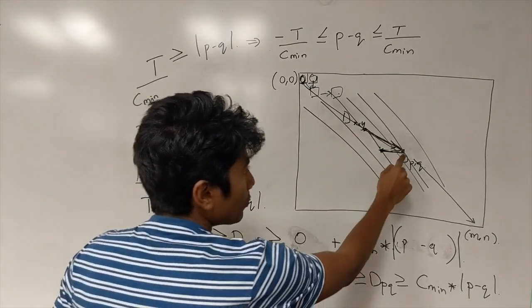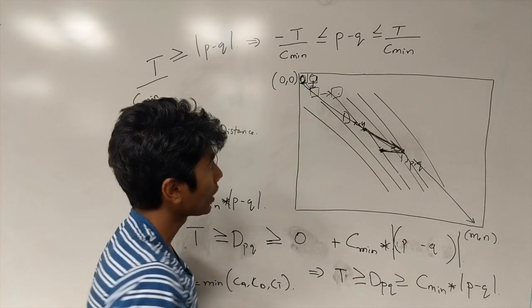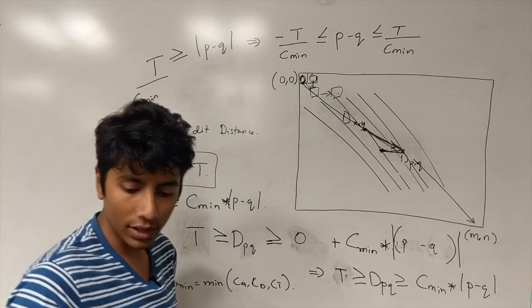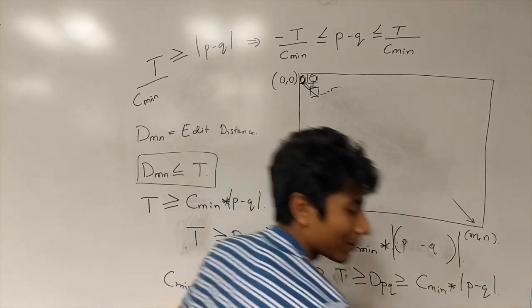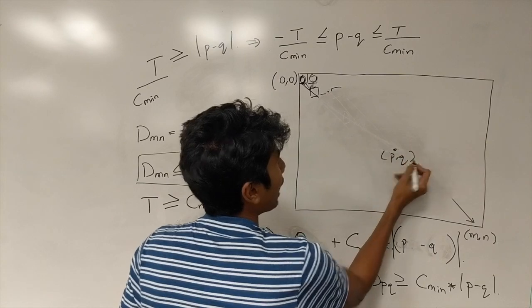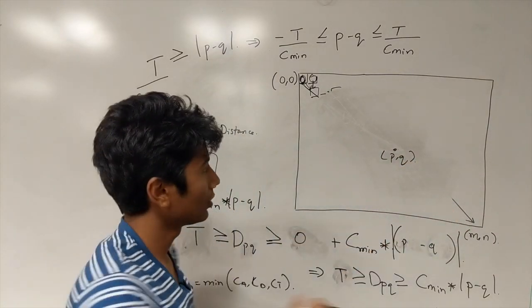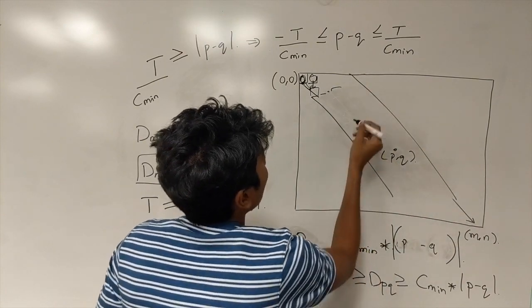So for this point to exist in the path from 0, 0 to mn, it has to be within the diagonal. So this is pq, and for it to be on the path to the final point, it has to be within these two diagonals. And what are those two diagonals?